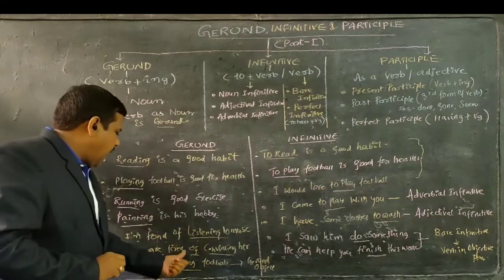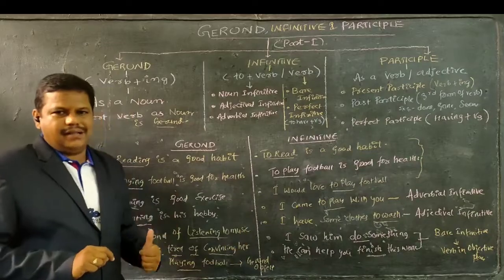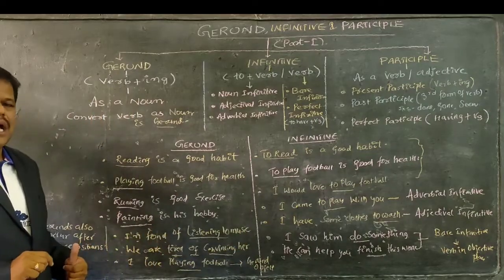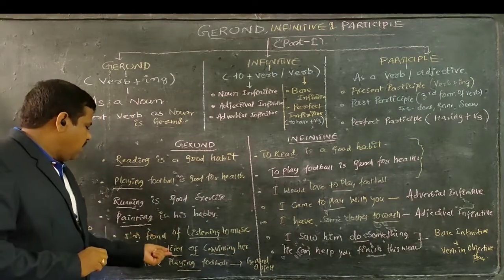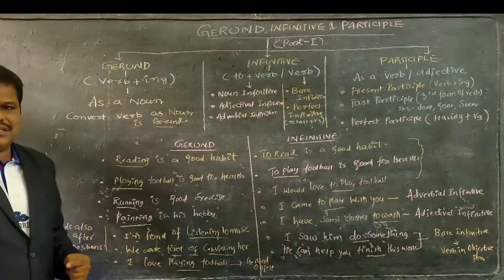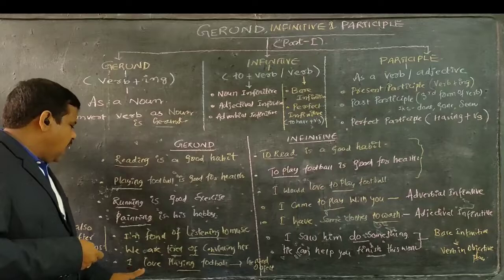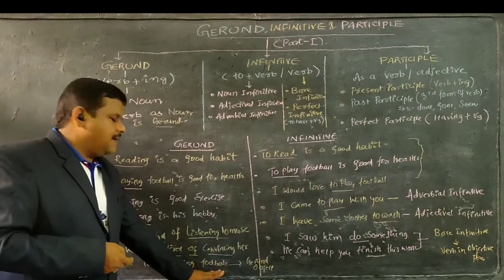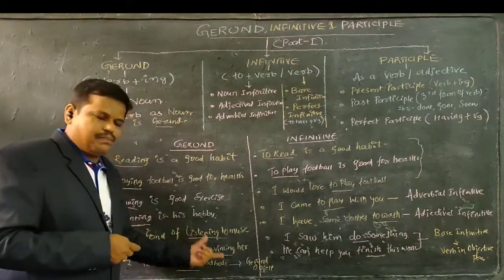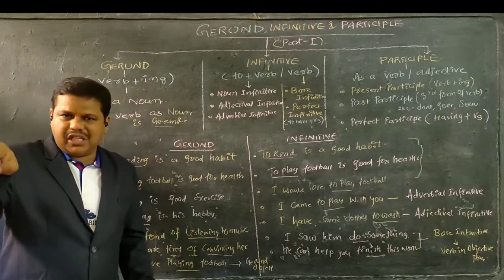We are tired of convincing her. The main verbs are fond and tired. Just keep this point in your mind. The next one: I love playing football. This particular sentence has the gerund in the objective place.